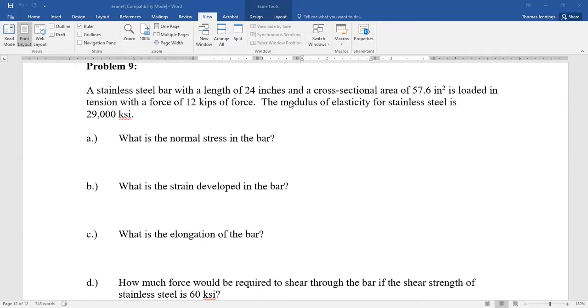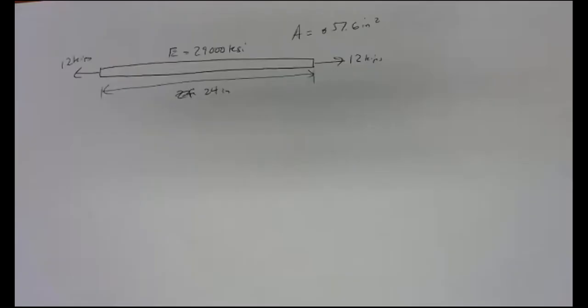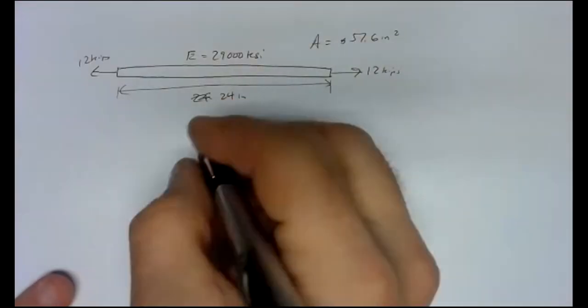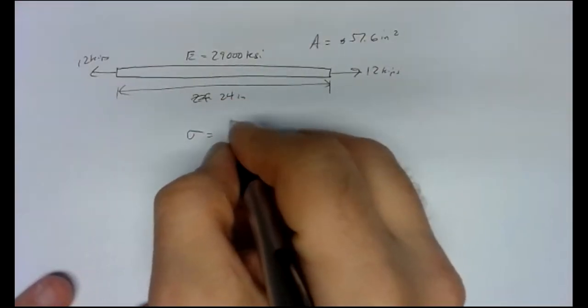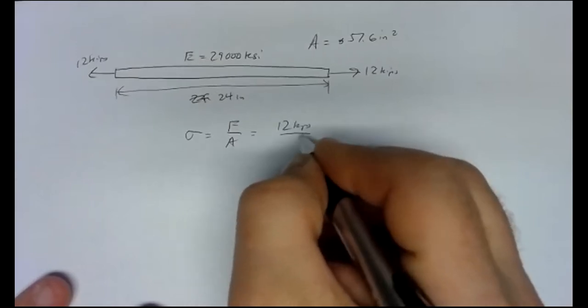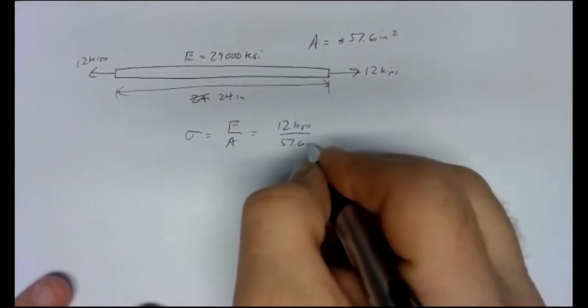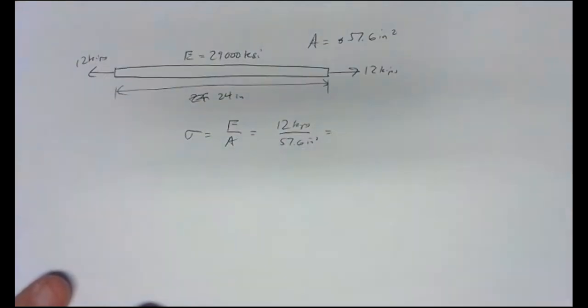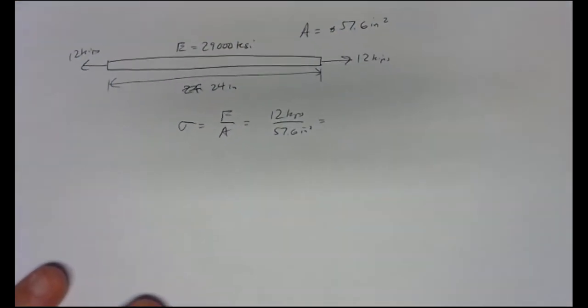Now, the first problem they ask for the normal stress. So there's our drawing. Normal stress is force over area. We've got 12 kips over 57.6 square inches, so that'll give us some number in KSI.